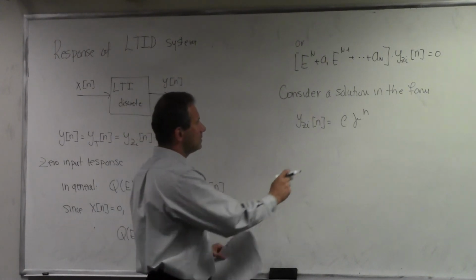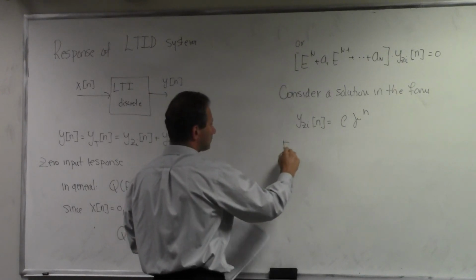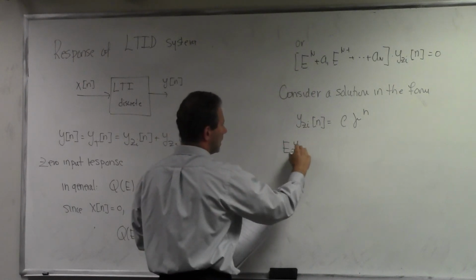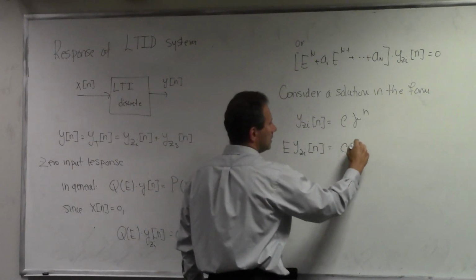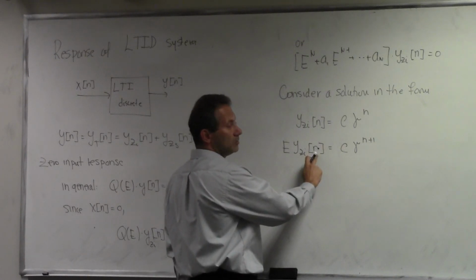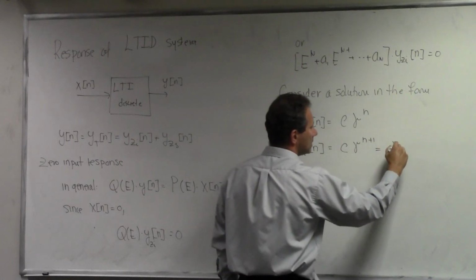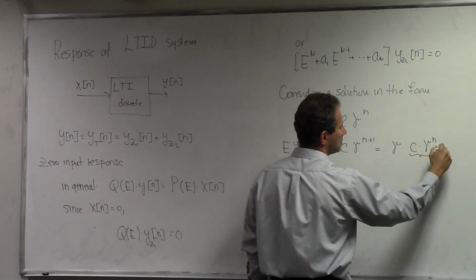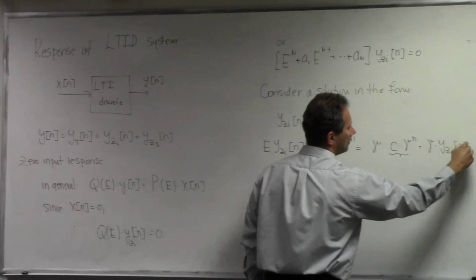Now, if you substitute this into the equation, you realize the following: E operating on y zero-input of n is going to be C gamma to the n plus 1. Why? Because it's shifting from n to n plus 1. But this can be written as gamma times C gamma to the n, and you recognize this to be gamma times y zero-input of n.